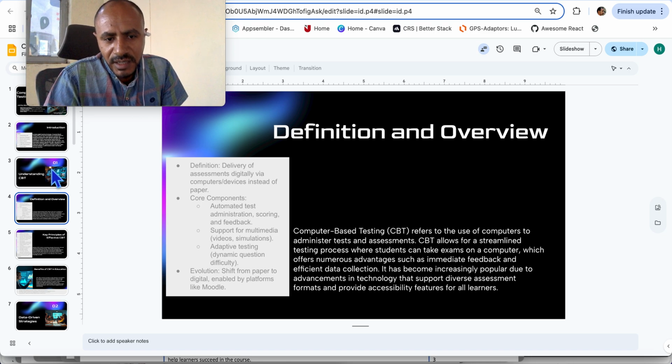Okay, and again, as I mentioned earlier, CBT supports multimedia contents. You can narrate audio content, and then you can conduct assessments on your students following this audio content.